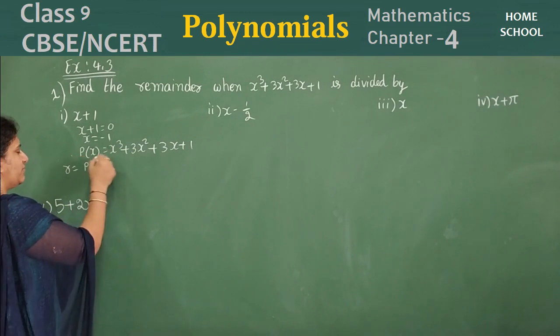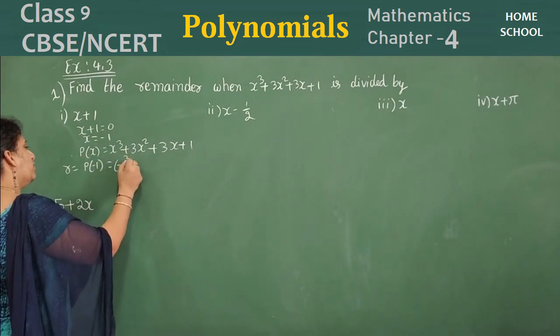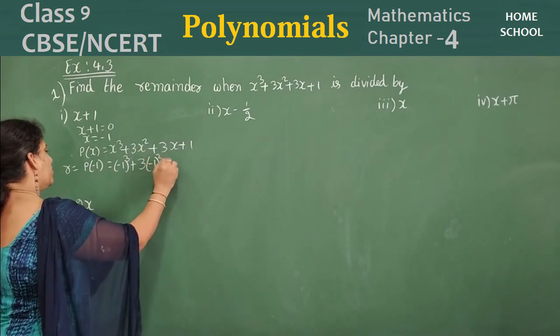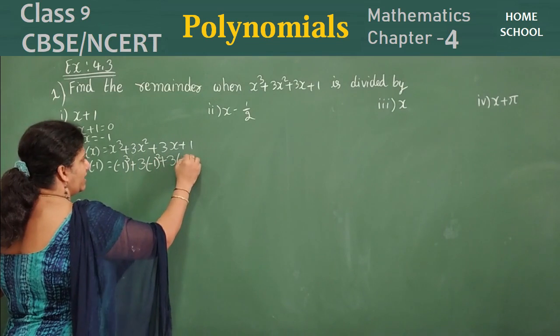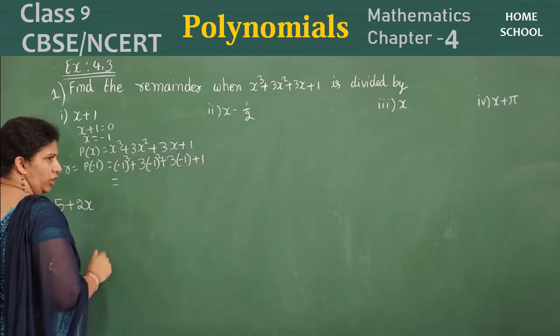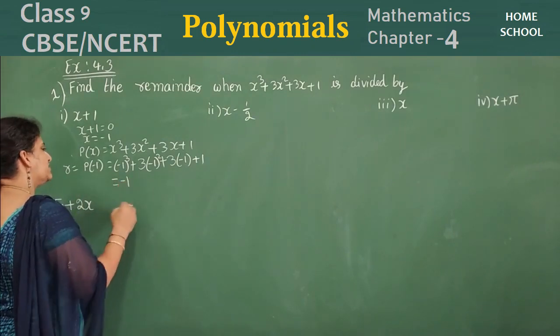You can write the statement: on substituting, minus 1 whole cube plus 3 into minus 1 whole square plus 3 into minus 1 plus 1. Wherever you have x, write minus 1. Now, minus 1 whole cube, minus 1 multiplied 3 times, will be minus 1.